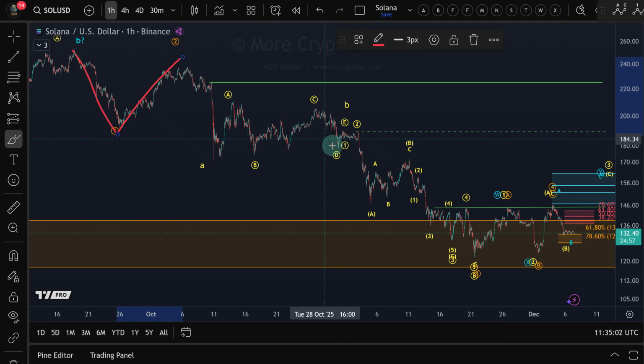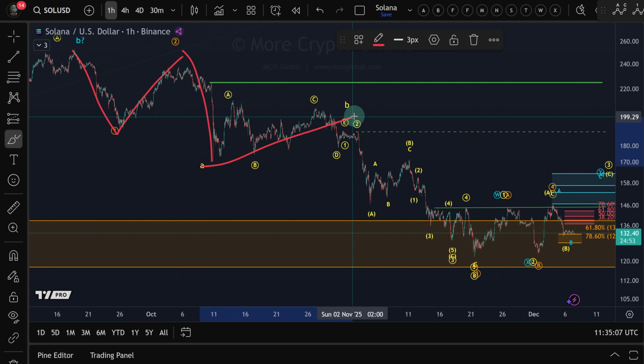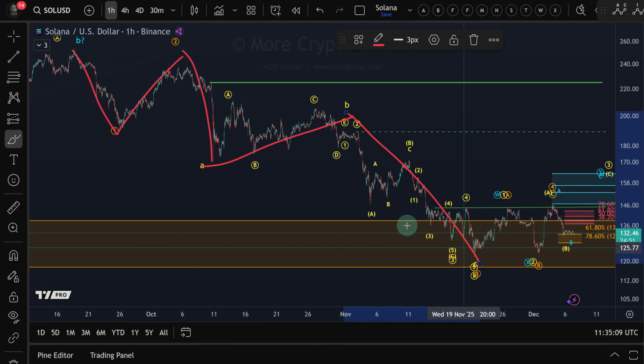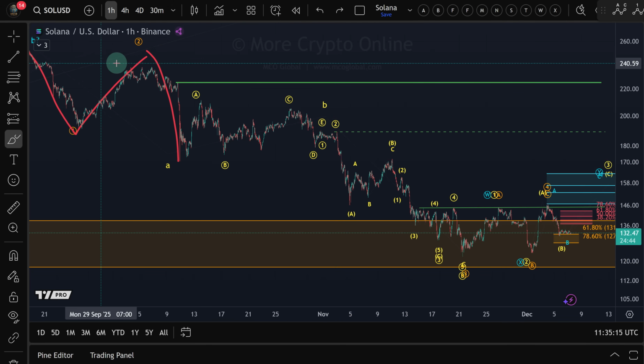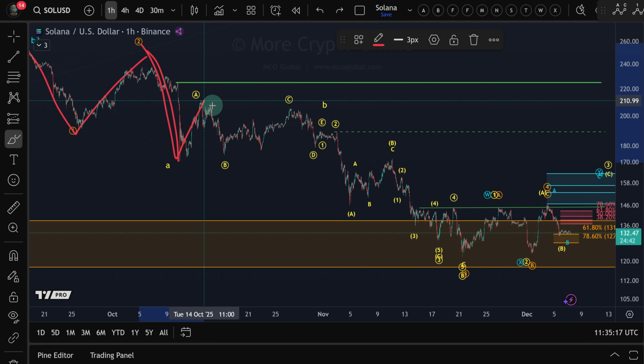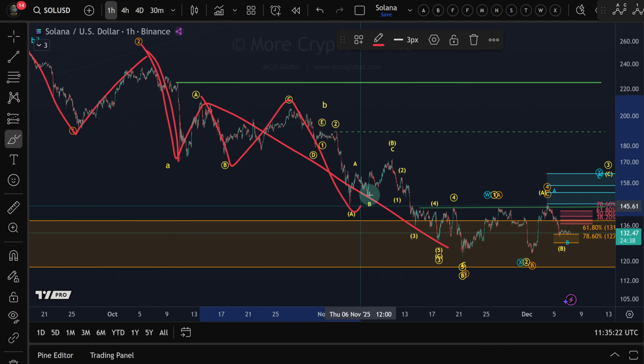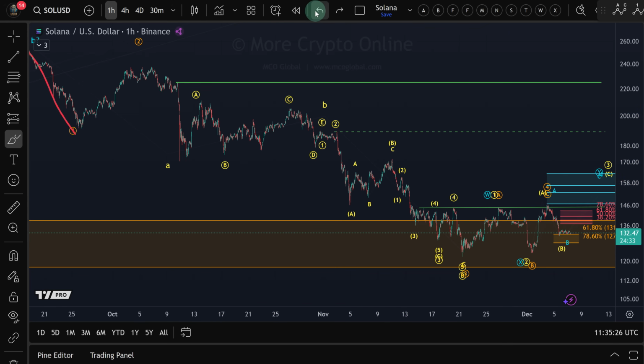And then in the third wave, we had A, B, C. To be fair, there are different ways the C wave could be labeled. I could also say this was A, B, C, and then we have 1, 2, 3, 4, 5. Few ways this could be labeled, but we're dealing with corrective subwaves.